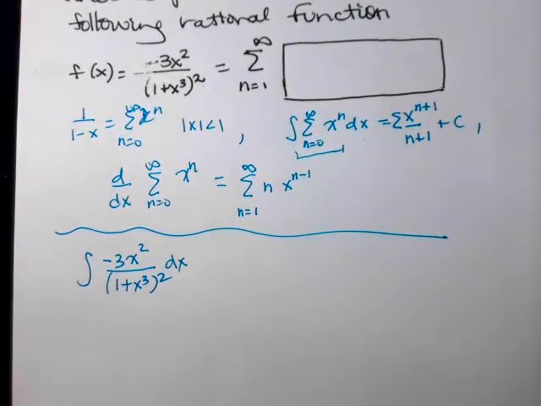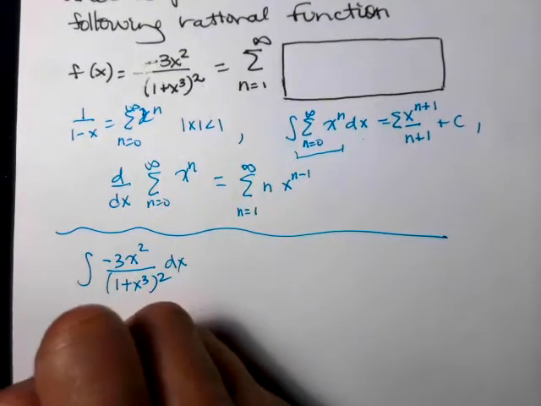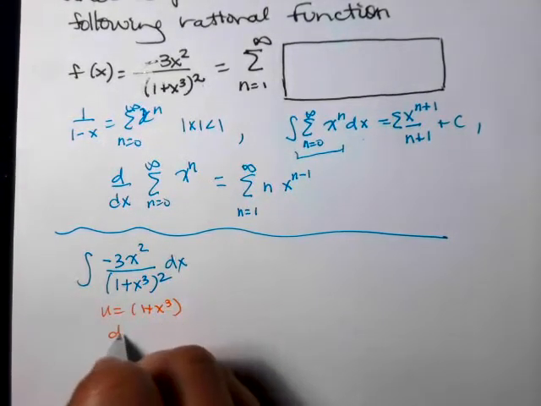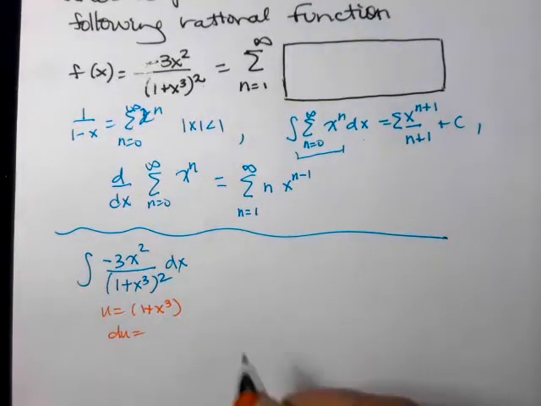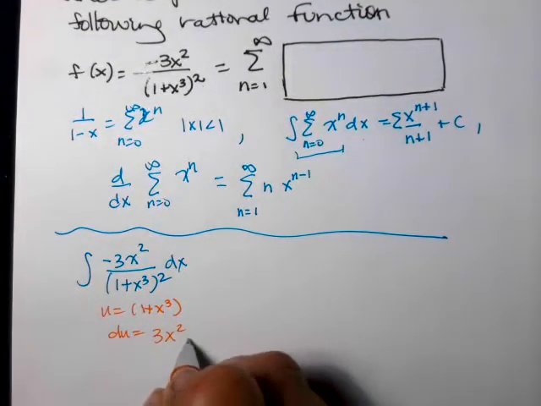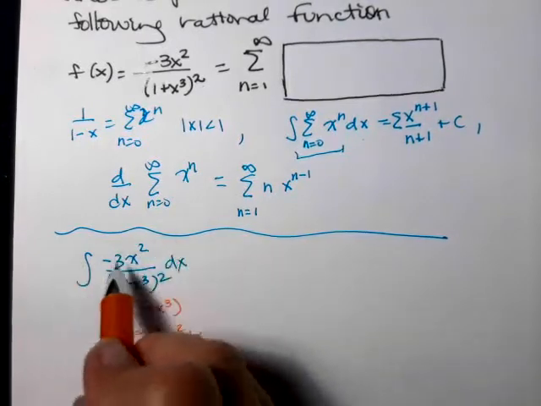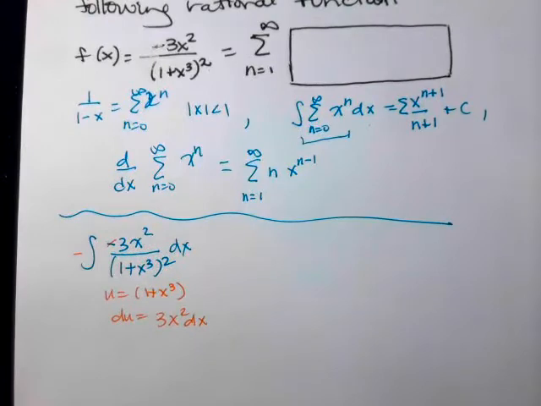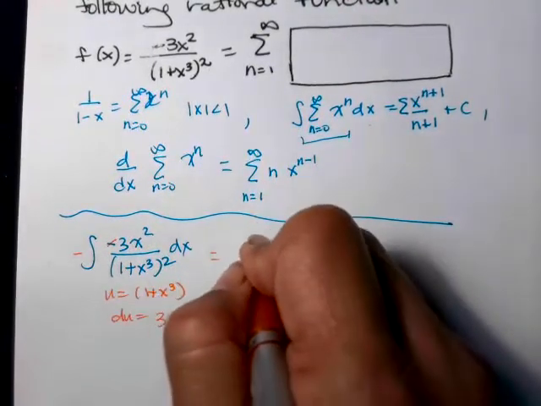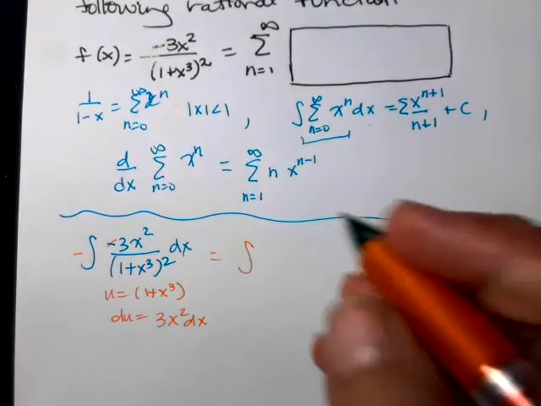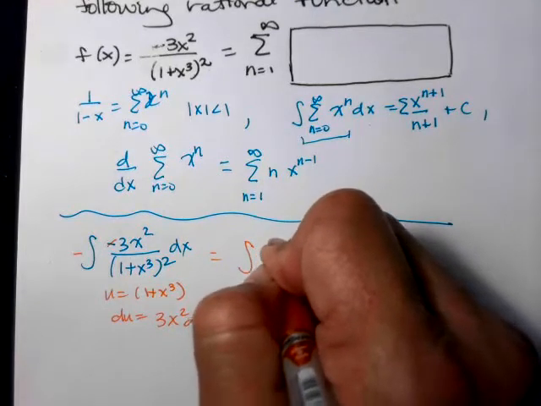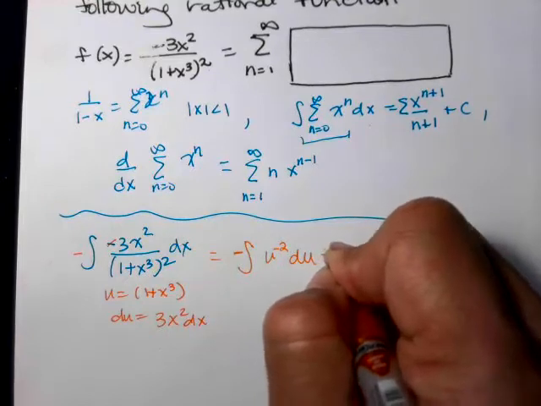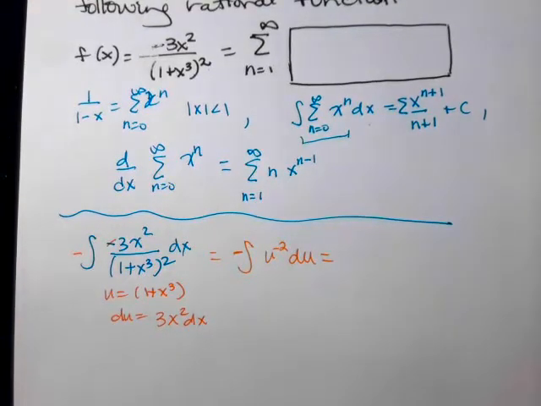All right, so we'll do a quick little u sub. So du will be 3x squared dx, which I have, except it's got a negative, so we'll just move that negative sign out front. So we're going to integrate negative u to the negative 2 du. I know you're thinking, well, why are we doing this?